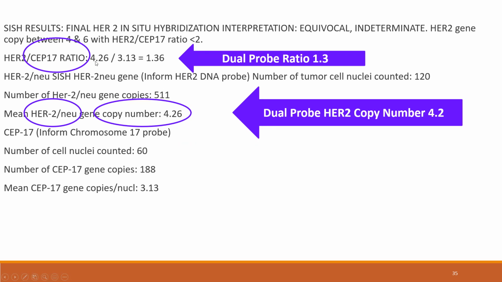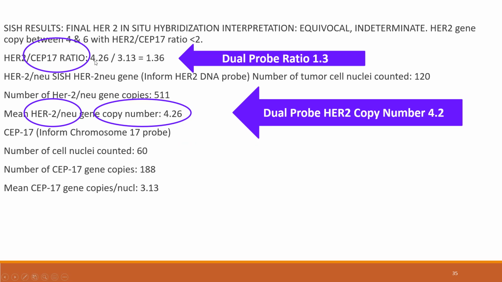You can see here where it says the HER2 to SEP17 ratio is 4.26 over 3.13. If they did not give us the ratio of 1.3, we are not allowed to calculate this.